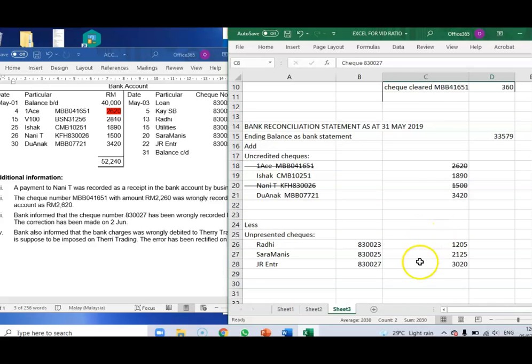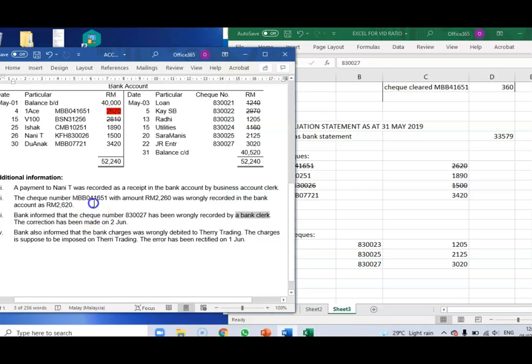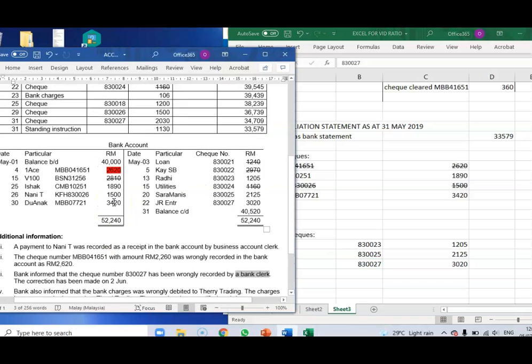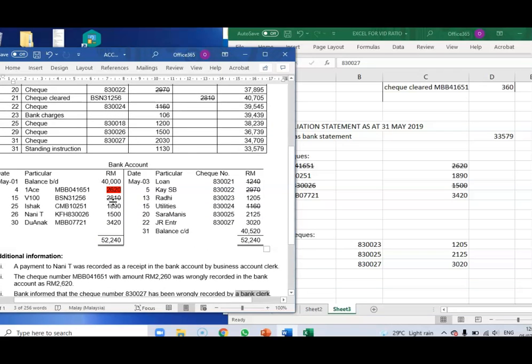So 830027 here, to find out whether it is understated or overstated. Okay, let's again do the highlighting.